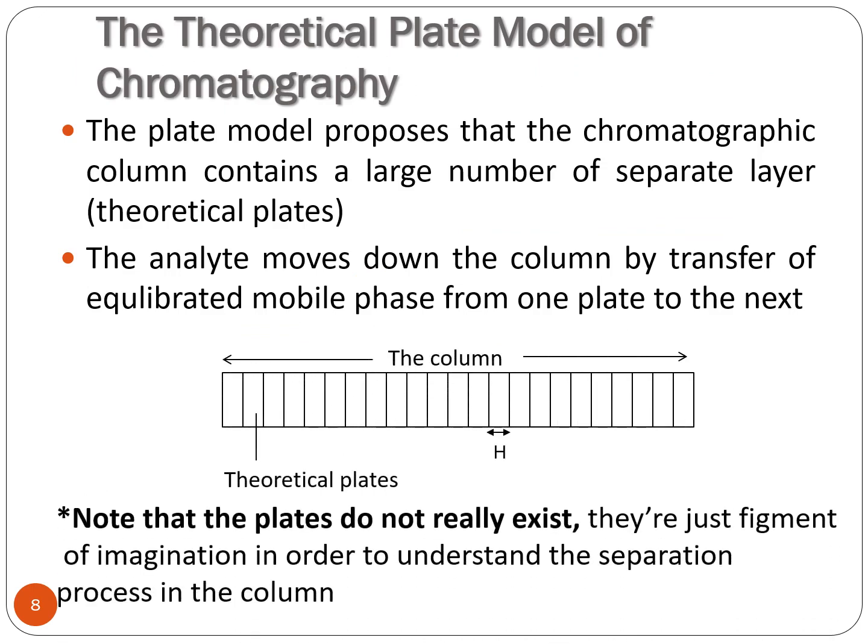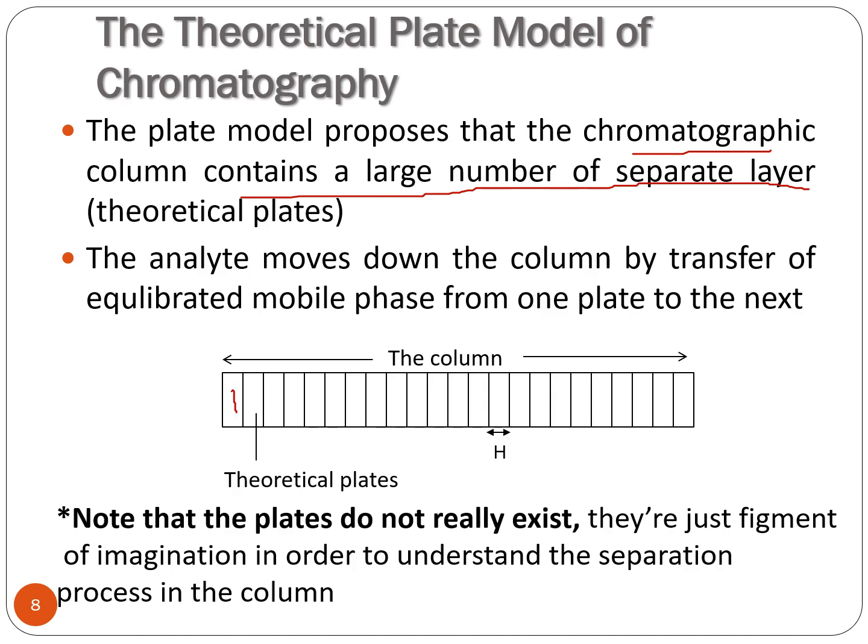Okay, the plate model is a model which proposes that the chromatographic column contains a large number of separate layers. The analyte moves down the column by transfer of equilibrated mobile phase from one plate to the next.